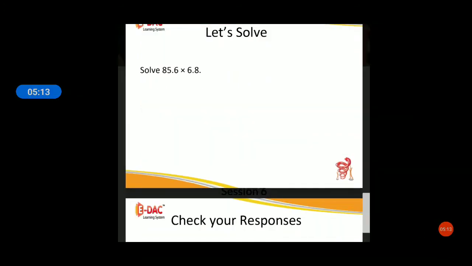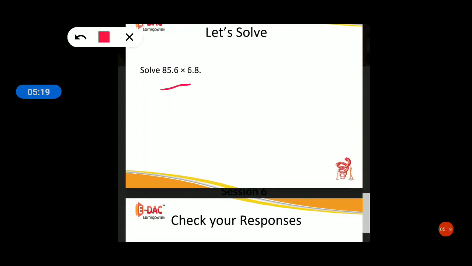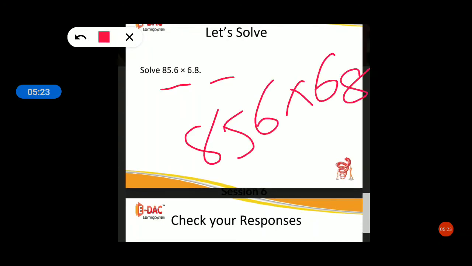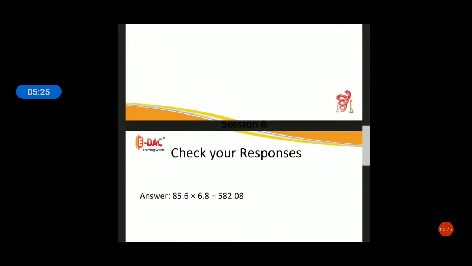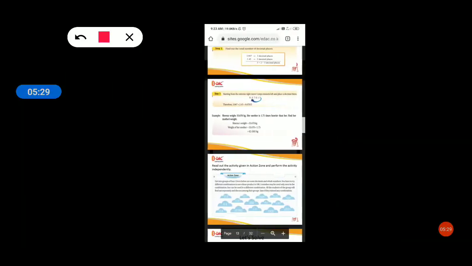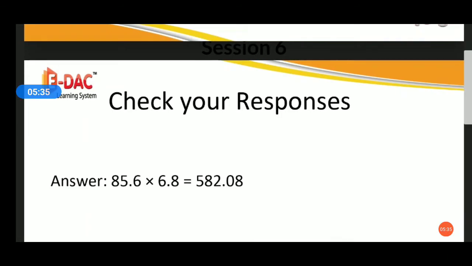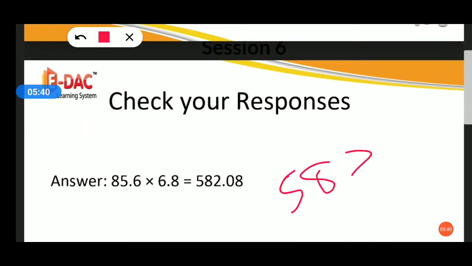We'll see another example here. 85.6 into 6.8. Now how will you multiply? You just remove the decimal point and multiply as 856 into 68. You just multiply directly. If you multiply, the answer will be 58208.